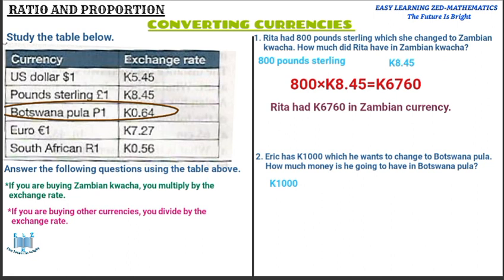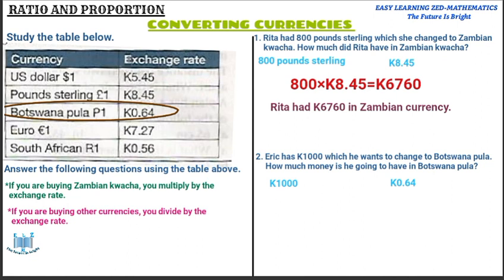That is the exchange rate for Botswana pula, which is 1 pula is equal to 0.64 kwacha. Okay, so that is the exchange rate we're going to write there. Once we have written the exchange rate there, we are going to go to the second instruction. Remember, in this question, Elik has got Zambian kwacha.